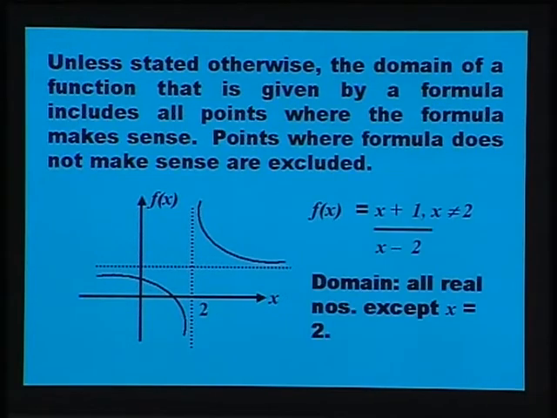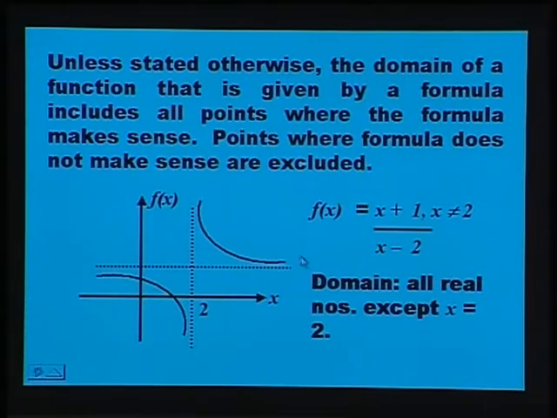So for this function defined by (x plus 1) over (x minus 2), the domain consists of all real values of x except x equal to 2. The function is not defined for x equal to 2. So we'll say that the domain consists of all real numbers except x equal to 2.